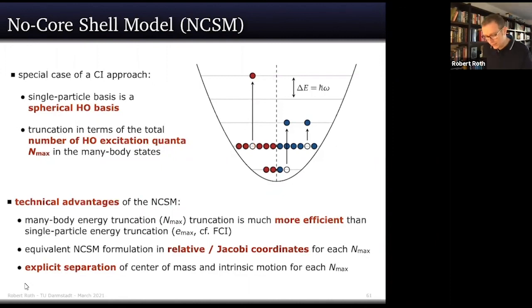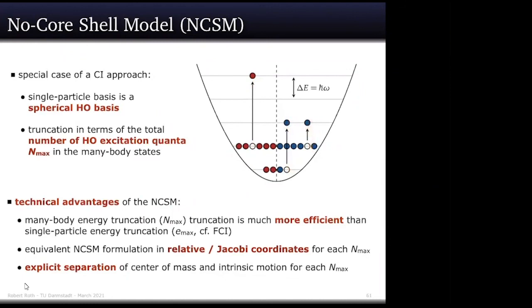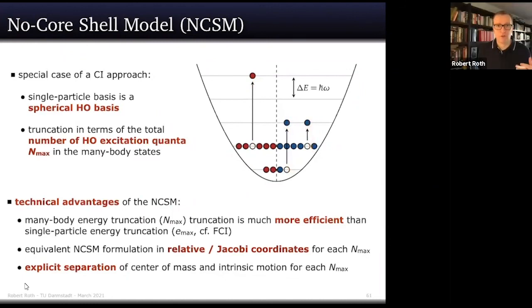So what I plotted here is not this lowest energy configuration, the reference state, but I have put a nucleon here, here, and here. And now I compare to the lowest energy configuration and add up. This nucleon was moved up 3 steps. This nucleon 2 steps, this nucleon 1 step. So this is a 6 excitation quanta configuration, or an Nmax equals 6 configuration, as we call it. And we truncate in this Nmax, which counts excitation quanta.